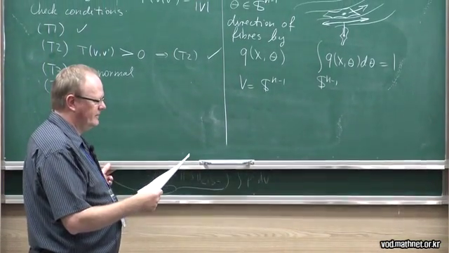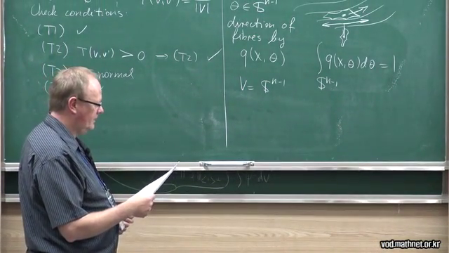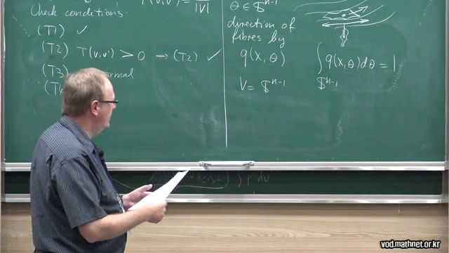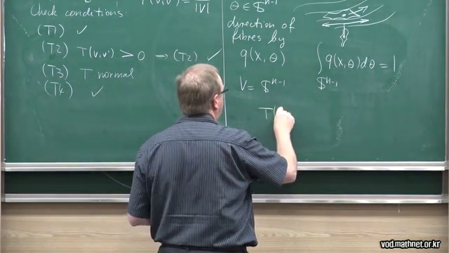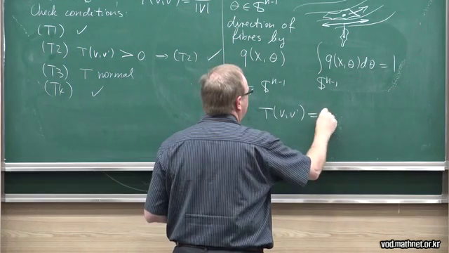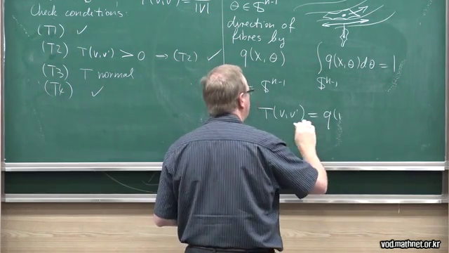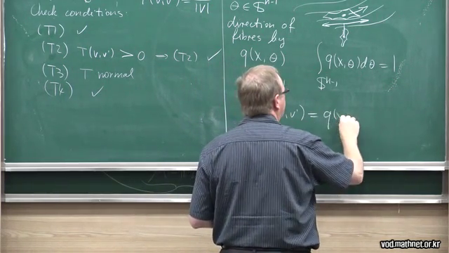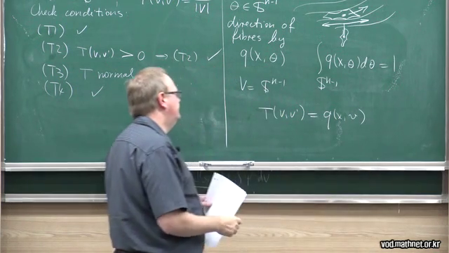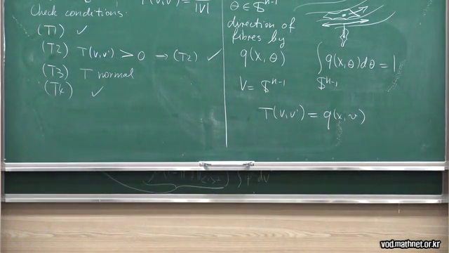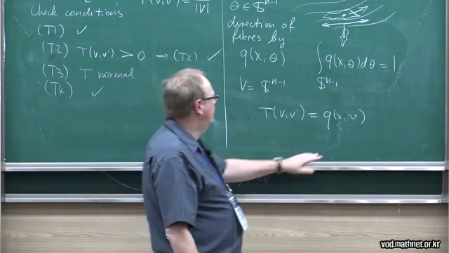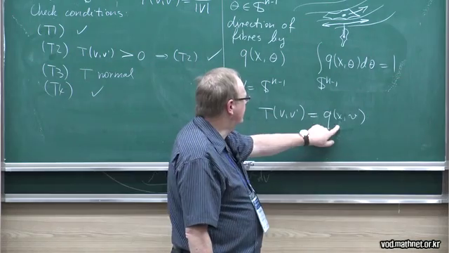So V is just the shell. All right. And then I set T(v,v') equal to q(x,v). So now the transition probability to switch from v prime to v depends only on the fiber direction, and I choose a direction v with the probability q.